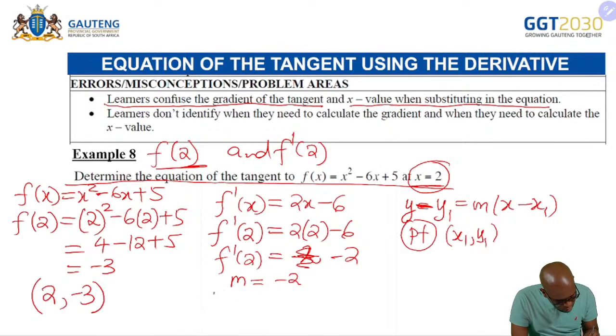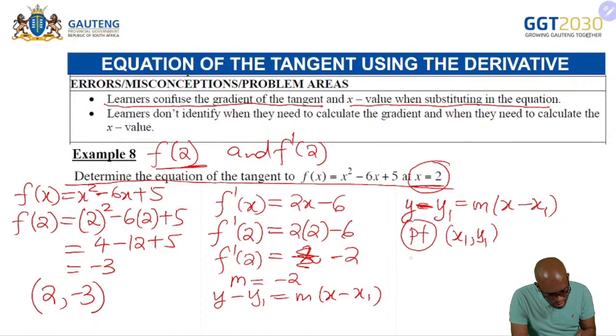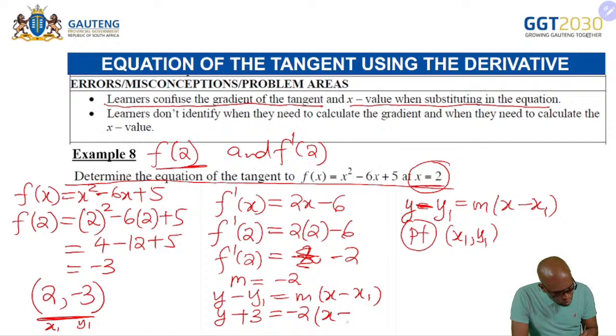So to find the equation, I use y minus y1 is equal to m times x minus x1. Already I have a point, the point of contact, which is x1, y1. So y minus y1, 3, is the gradient, minus 2, times x minus x1, x1 is 2.